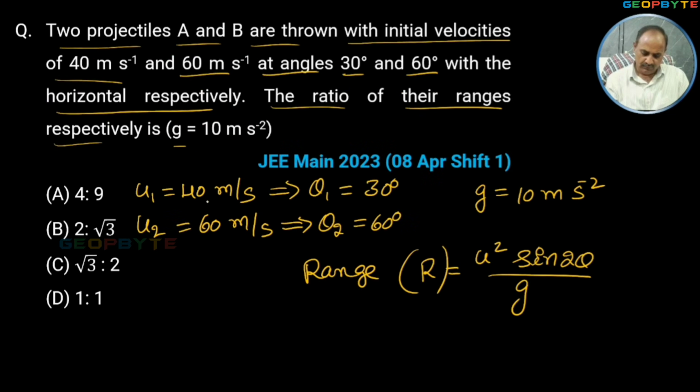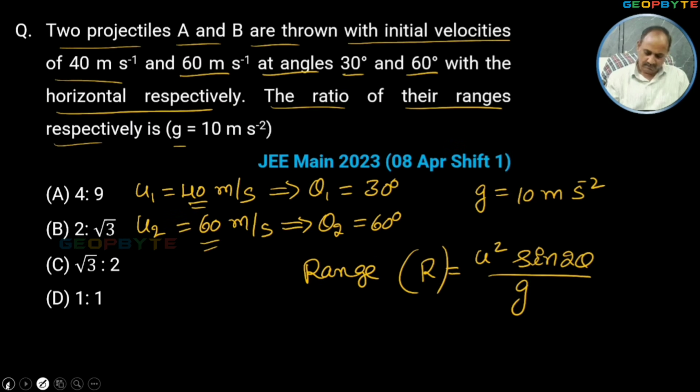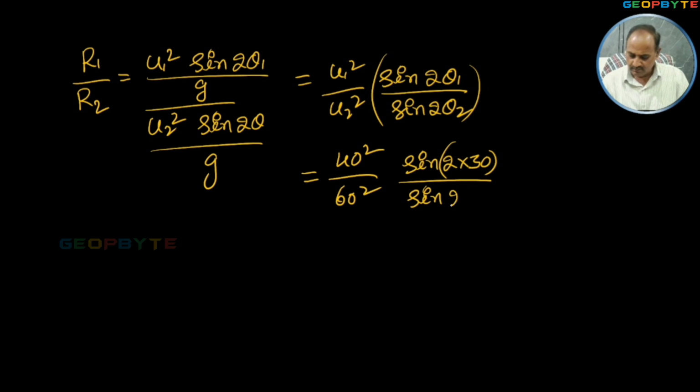U1 is 40, U2 is 60. It is 40 square by 60 square. Theta 1 30, theta 2 60. Sine 2 into 30 by sine 2 into 60.